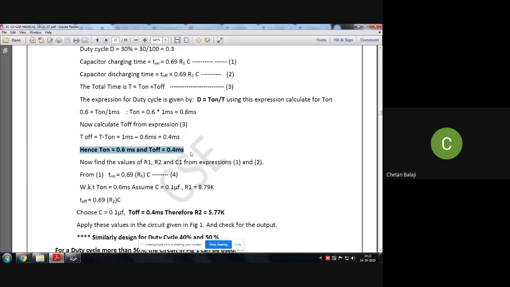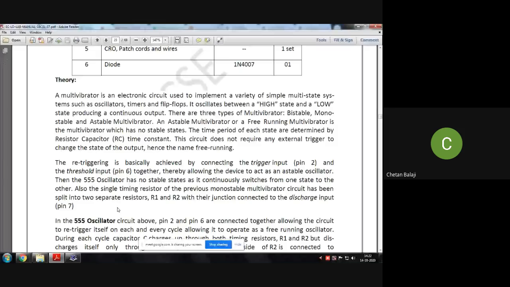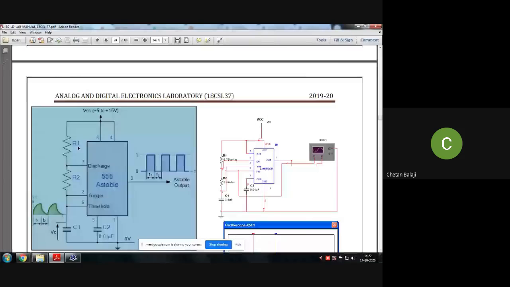I told you that in the problem I should know the value of R1, the value of R2, and the value of C1 also.